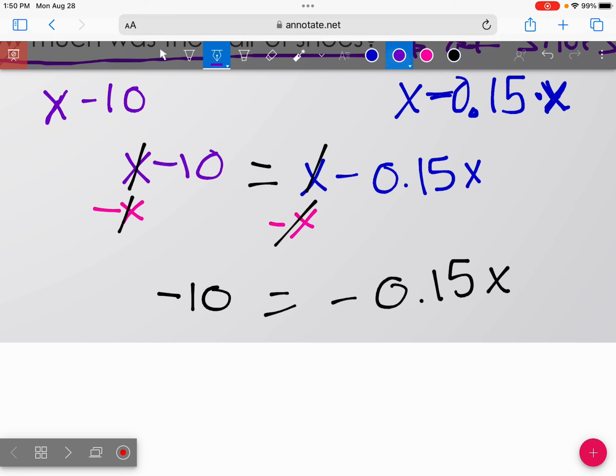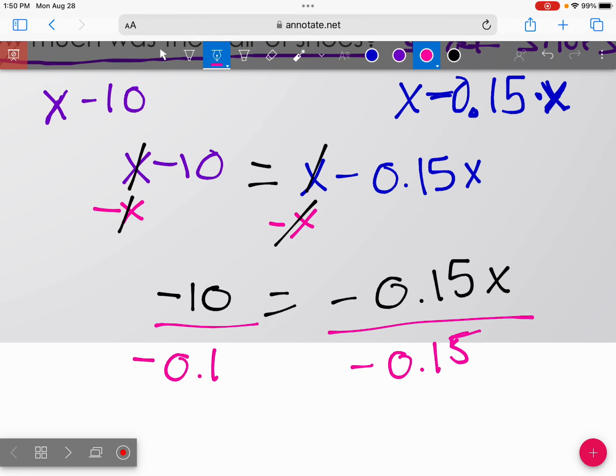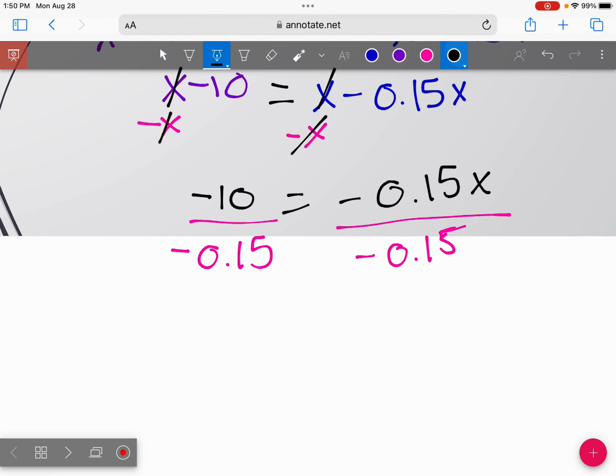Divide by what? Yeah, divide by our negative 0.15, which we can absolutely do because we have calculators at our disposal. So we're going to type that into our calculator and figure out what X is.